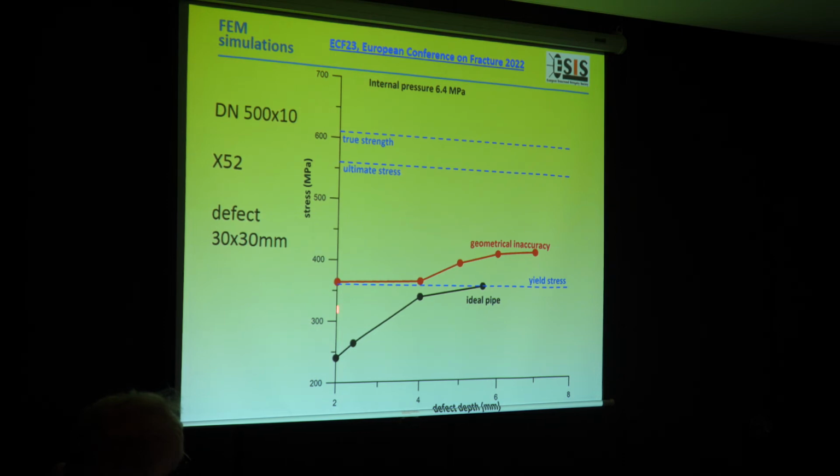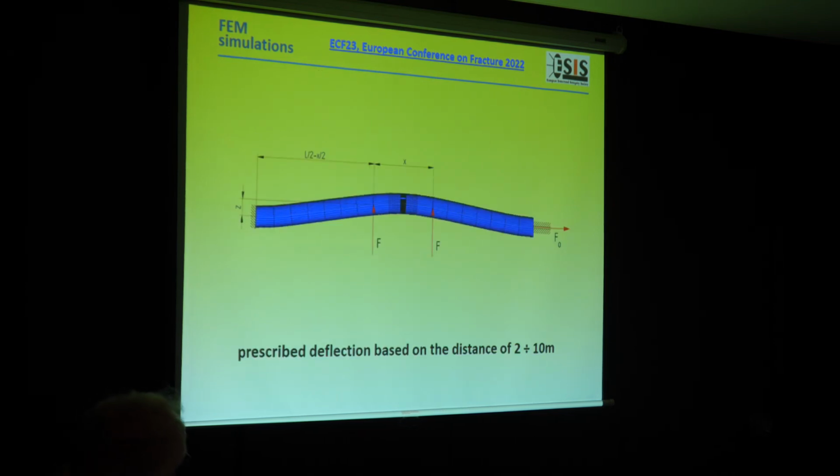The influence is very strong in the elastic state, this is logical, and then in the plastic state, in the stress formulation, a little bit smaller, but in the strain the difference between, for example, this point is very large, logical. This is the influence of geometrical inaccuracies. Another additional factor is bending.